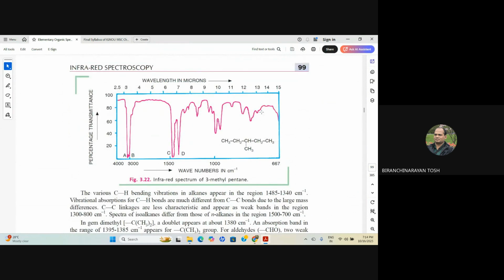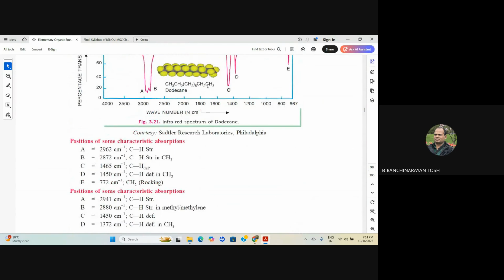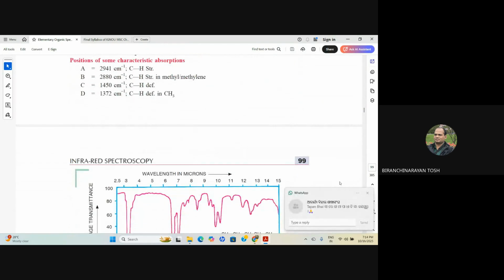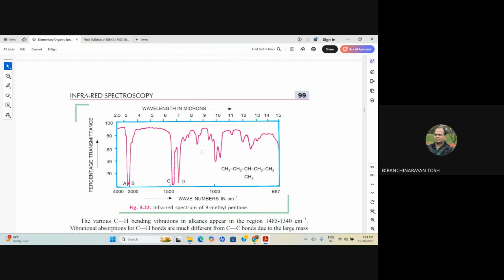Okay, and this is like 3-methyl pentane. In the previous case, it was just a straight chain dodecane. In 3-methyl pentane, as there is a methyl substitution, the CH bending vibration in alkane appears in the region 1485 to 1340.